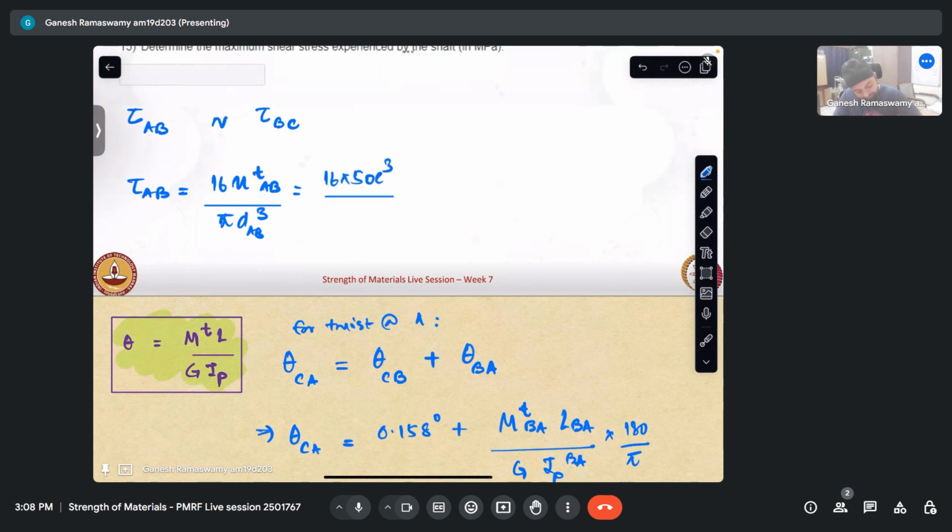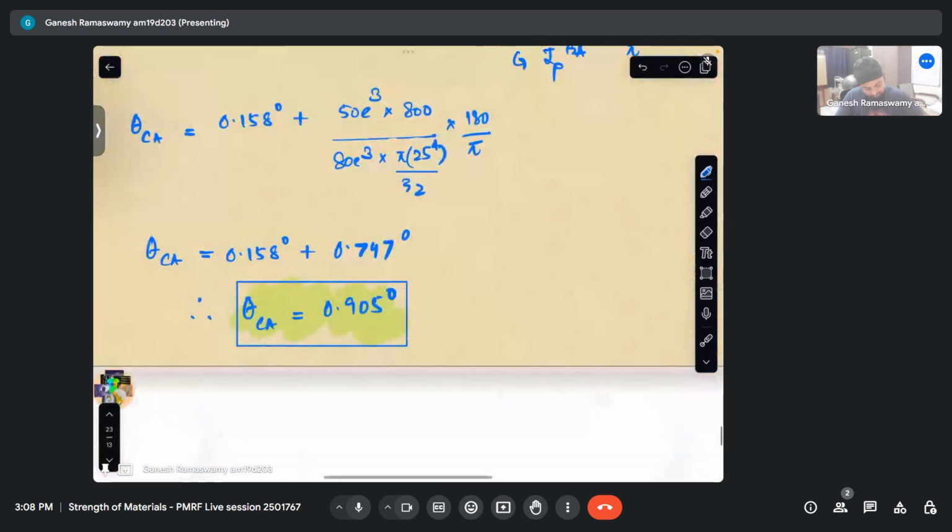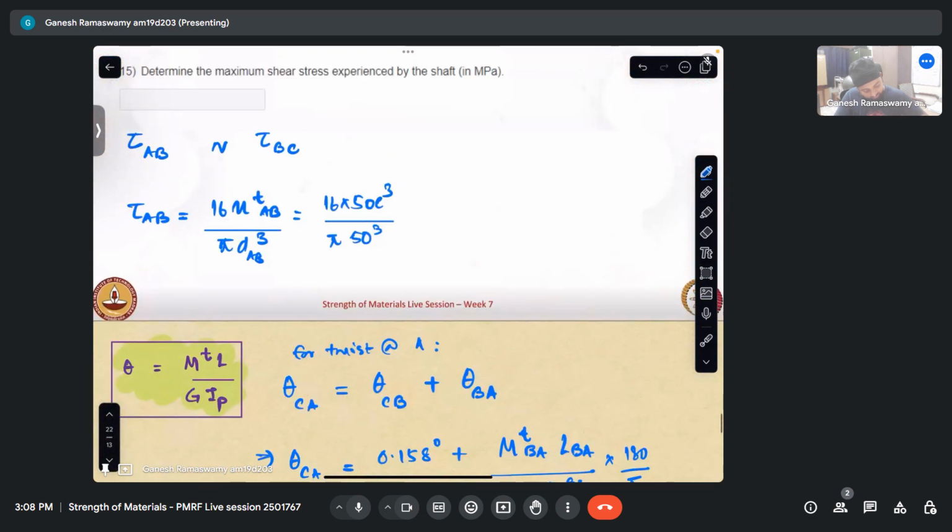DAB was 50 cubed. I hope that is correct. No, this is 25, which comes out to be 16 T by pi D cubed. It's coming to 16.3 MPa.